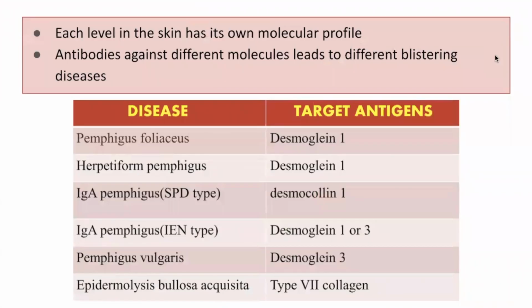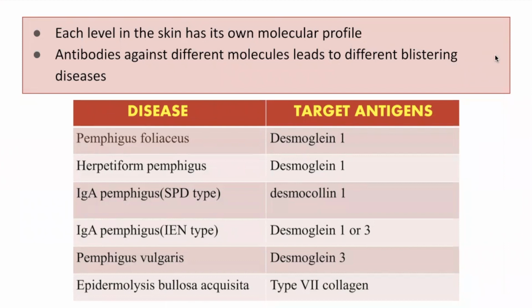To re-emphasize, each level in the skin has its own molecular profile, and antibodies against these different molecules lead to different blistering diseases. Now, with that concept in mind, we can understand the potential target antigens for each autoimmune blistering disorder. As already mentioned, pemphigus foliaceus targets desmoglein 1.